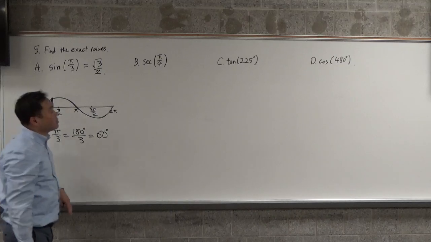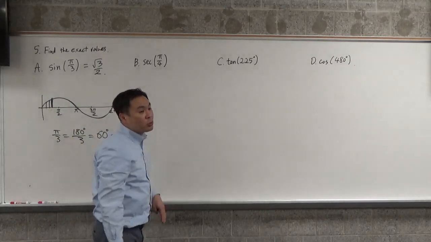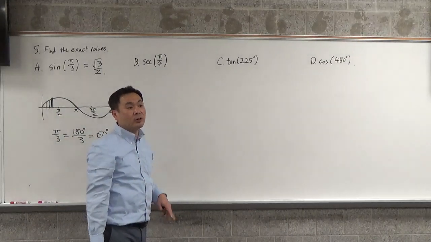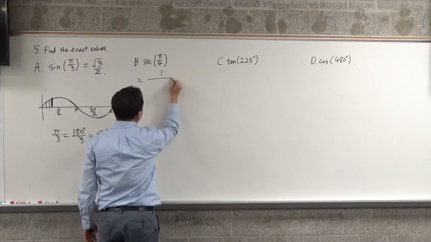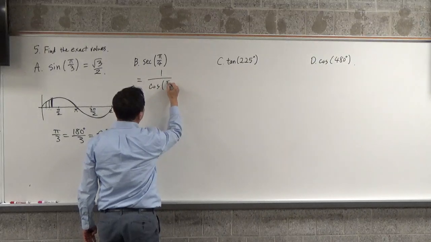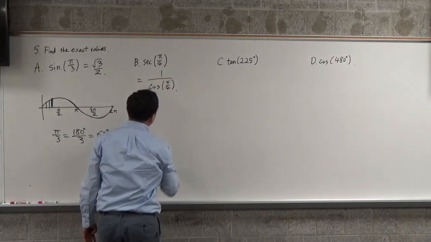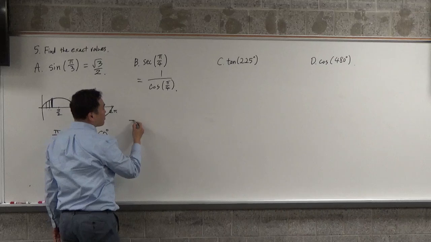Okay, secant. Secant is 1 over cosine, yes. So let's try to get the cosine of pi over 4.